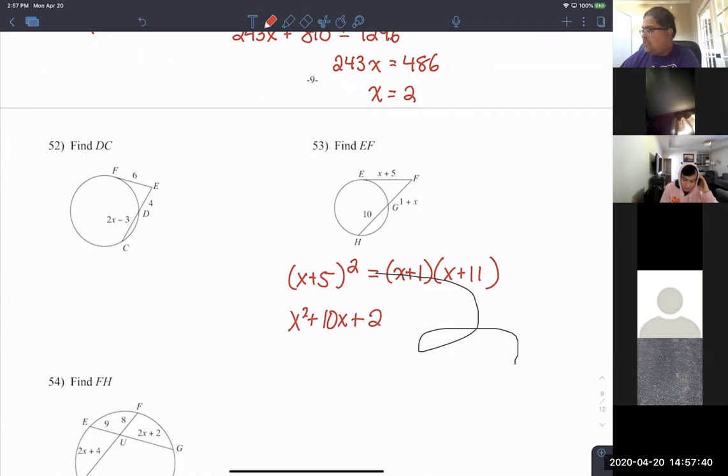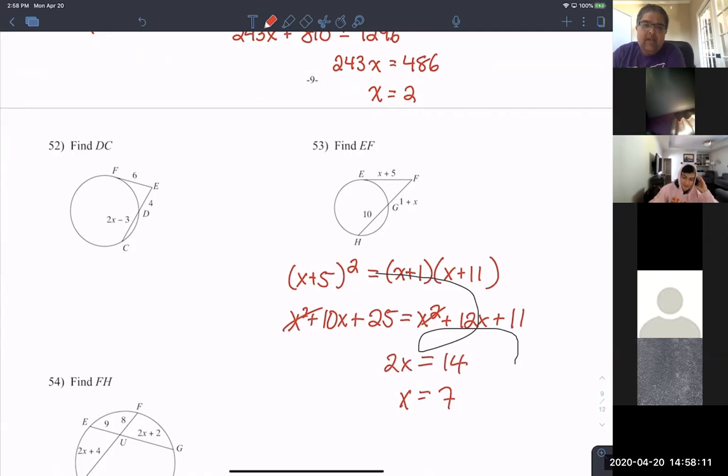The reason I like this is because, Mr. Caleb, you're going to be going into algebra 2 with trig, so this definitely helps you practice your foiling. And then solve. And then plug in to find EF. So EF would be 12.